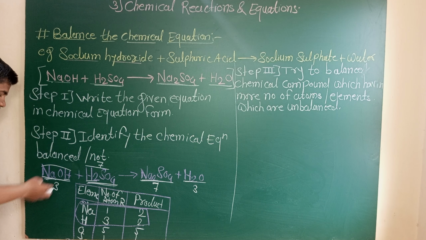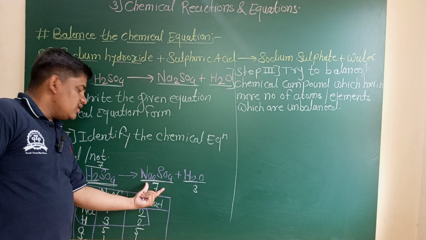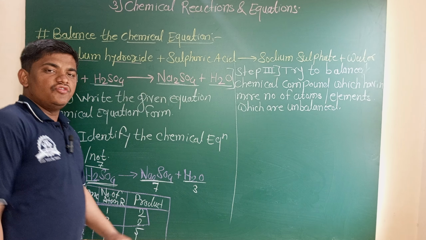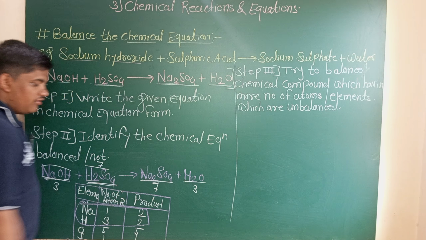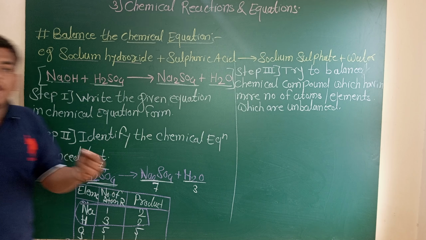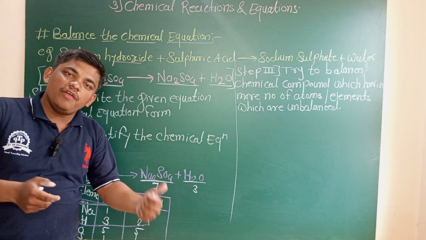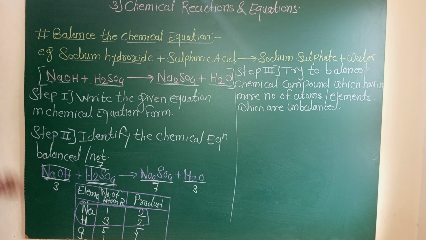The more sodium and hydrogen are included in the first reactant, that is 1 sodium and 1 hydrogen. The second product includes only 2 sodium atoms, not hydrogen. But the first reactant includes both unbalanced elements, sodium as well as hydrogen. That means balance this chemical compound.